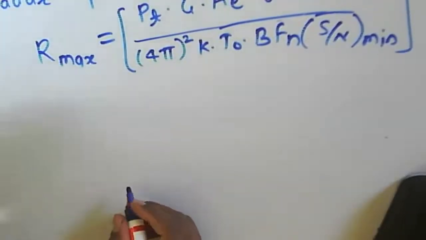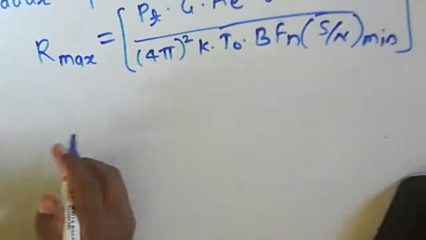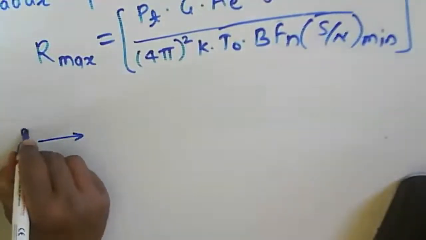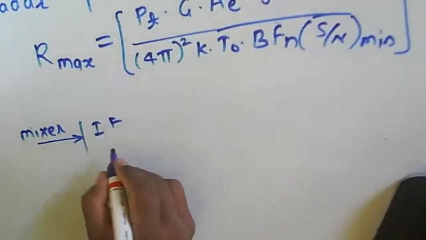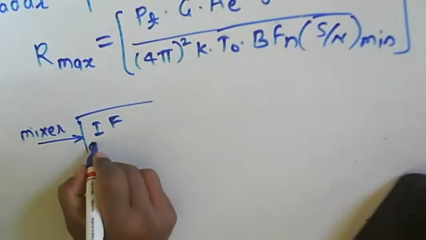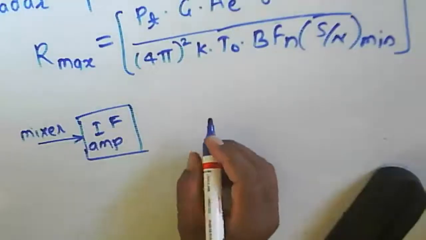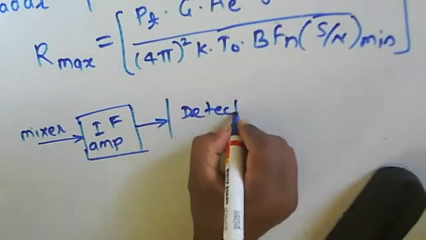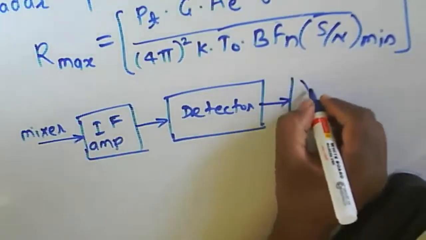Now in that case, what do we mean by the envelope detector? Envelope detection happens because we have the mixer, and we provide the input from the mixer to the IF amplifier, your IF block. After that we have a detector, or a demodulator, then a video amplifier.